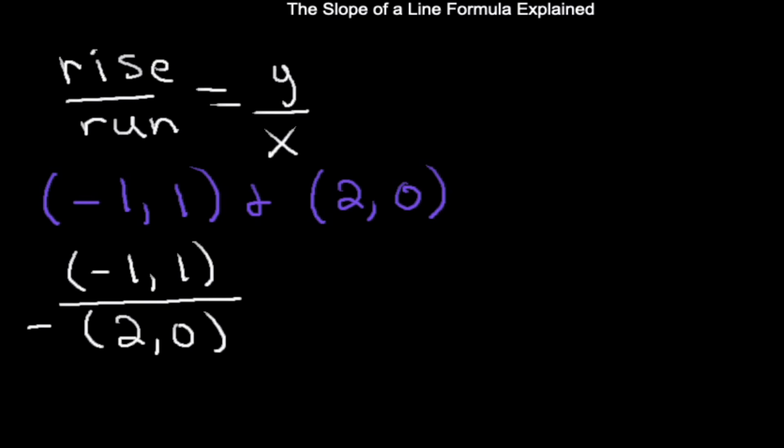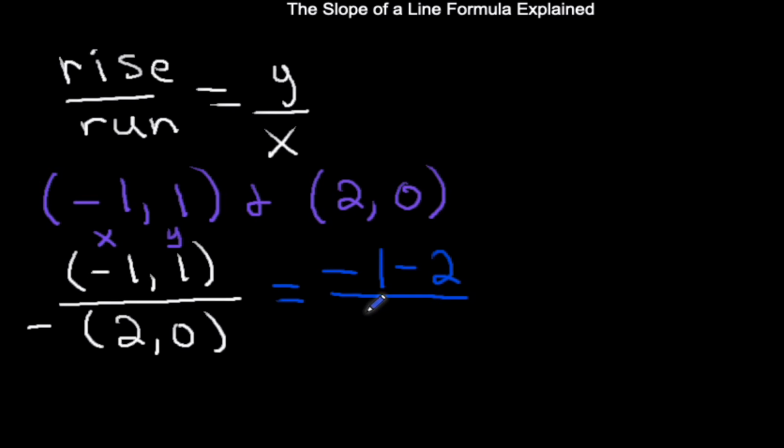Okay, so these are your x values right here. These are your y values right here. So now what we're going to do is subtract. -1 minus 2. So write that out. -1 minus 2 over 1 minus 0.